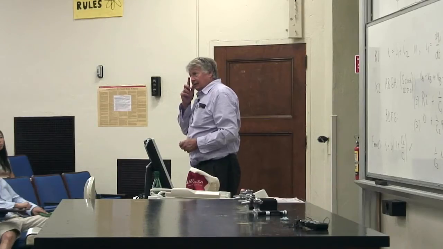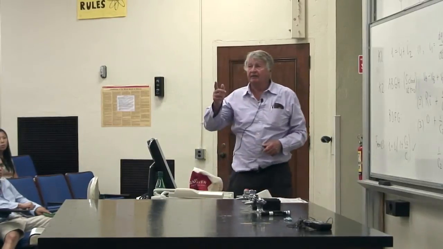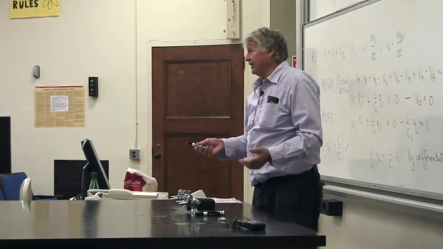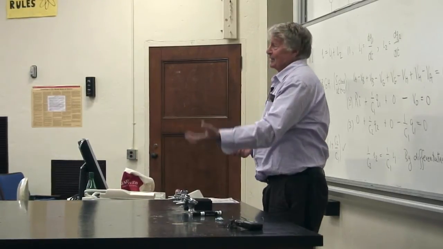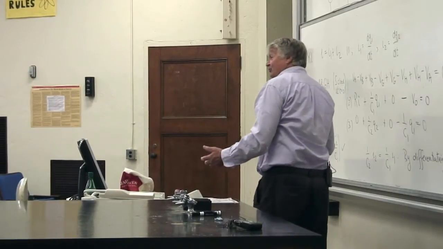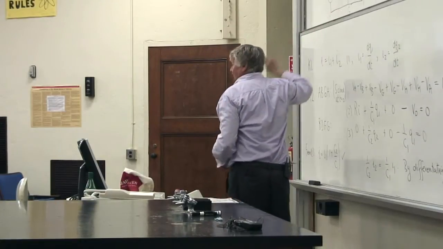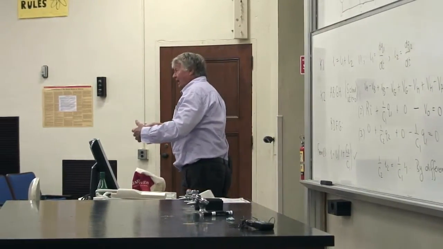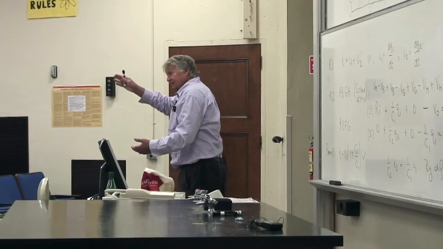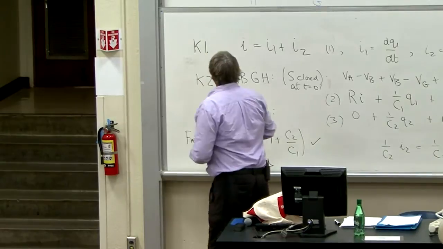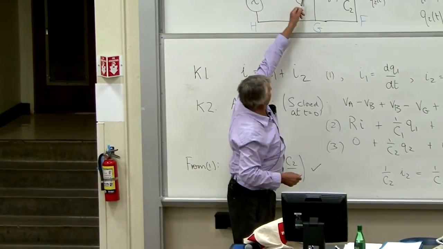Who said that? Good man. C1 times V naught. That'll be because the capacity of the thing is C1. Essentially, when you go for a long time, the current goes to zero, so effectively there'll be no current running in anything.